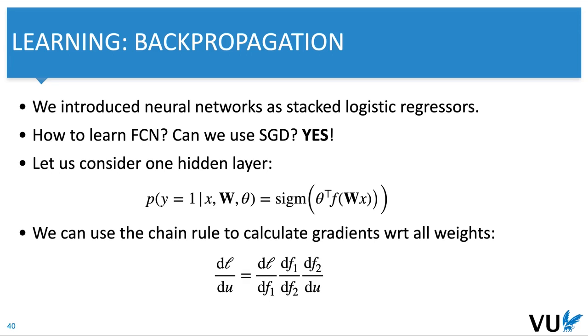What is the loss function? The negative log likelihood. To calculate the gradient with respect to U, for a single weight somewhere, we just apply the chain rule. We just need to rewrite this gradient to include the intermediate steps.